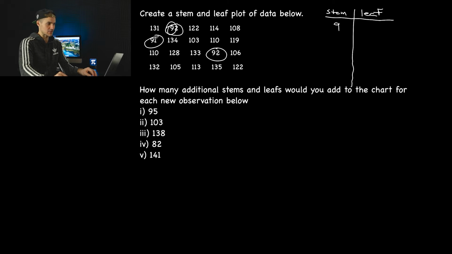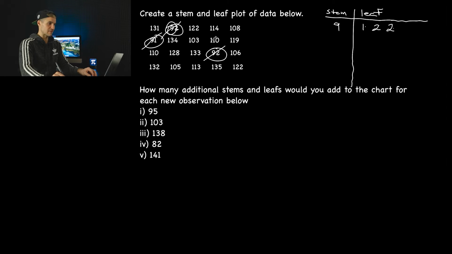So the last digit here is the 1, so we put a 1, then a 2 for the 92, and 92 is happening again, so we have two leaves with a value of 2. If you see something like that, it means there are three numbers here, 91, 92, 92, which is what we have here. So let's cross those out.